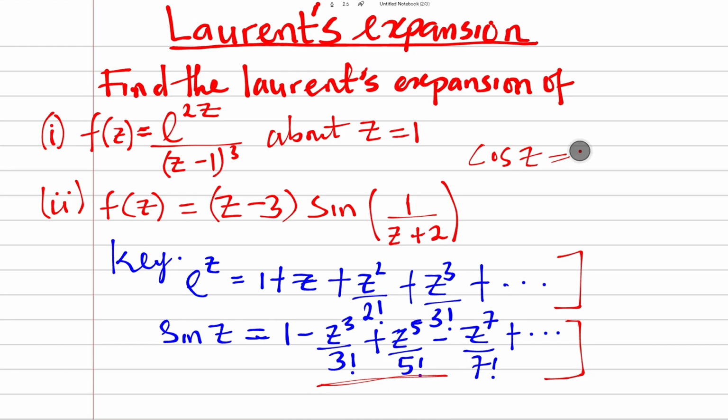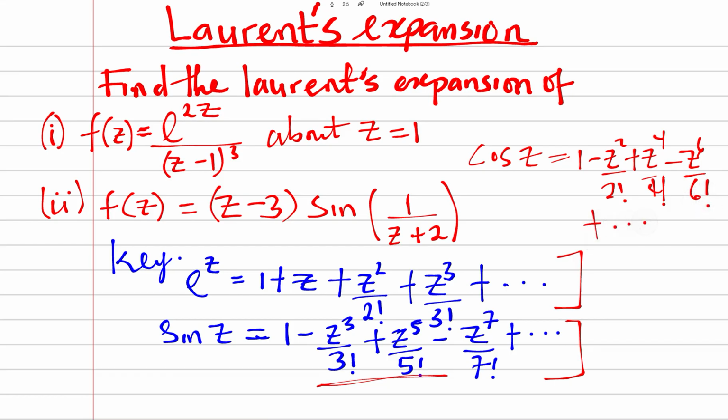So this one is 1 minus z squared over 2 factorial plus z raised to power 4 over 4 factorial minus z raised to power 6 over 6 factorial and so on.